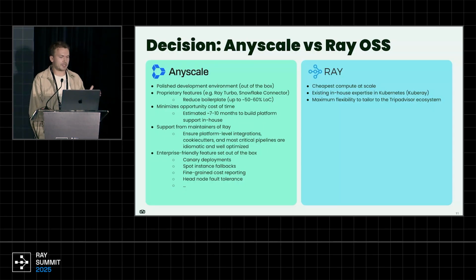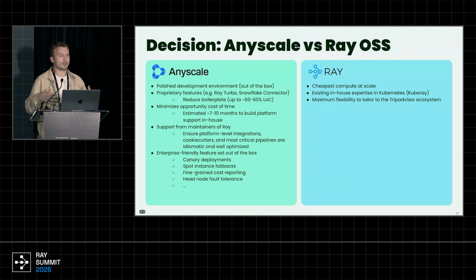The single biggest deciding factor here, though, was actually the opportunity cost of building out our own platform support versus getting something off the shelf. We'd originally estimated that it would take us about 7 to 10 months of platform engineering time in order to get to a point where we could really scale up our adoption of Ray across the organization and run workloads in production.